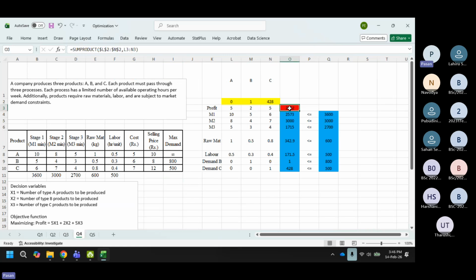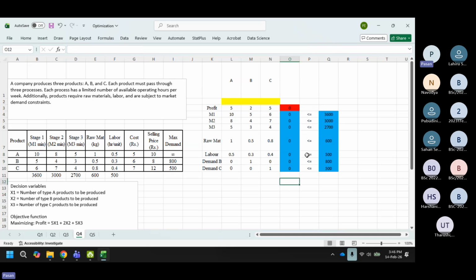And then I can have some products here, and so I can put the demands here, right? And then now, of course, I can delete this here, right? So that is the sum product I can have, and then I can just pull it down to all these cells here.